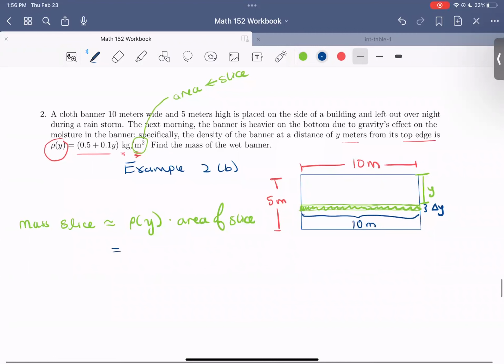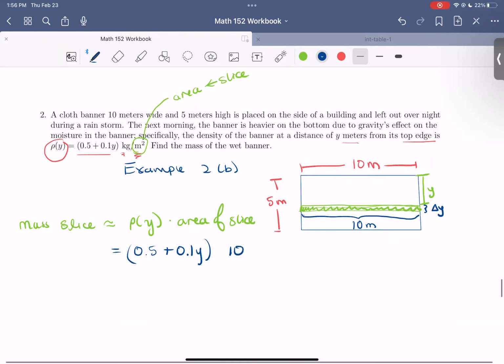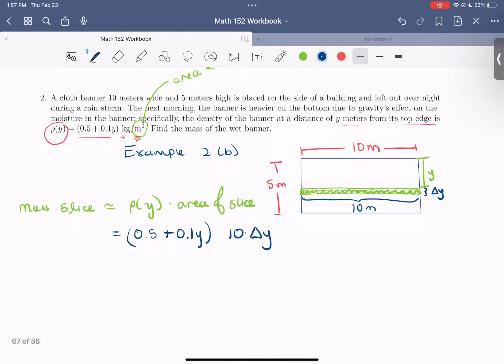So for us, that will look like our rho is 0.5 plus 0.1 y, and our area is 10 times change of y.